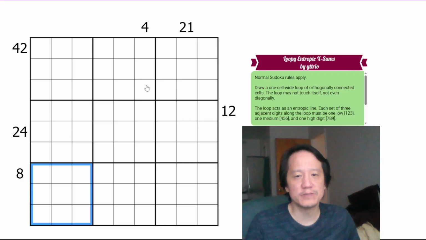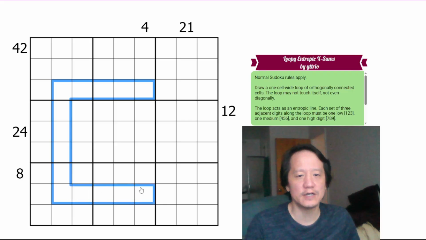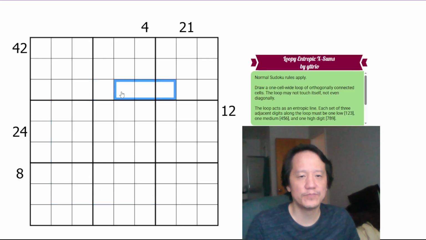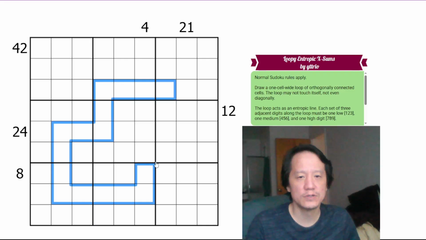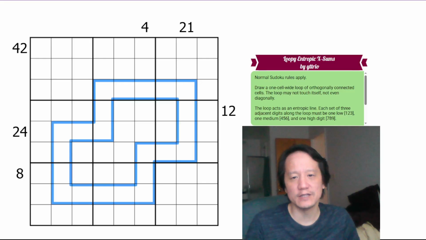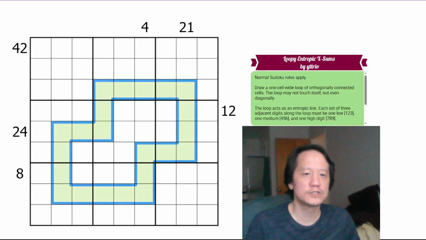So what does it mean to make a 1-cell wide loop of orthogonally connected cells? That means every cell on the loop must share an edge with exactly 2 and only 2 cells on the loop.